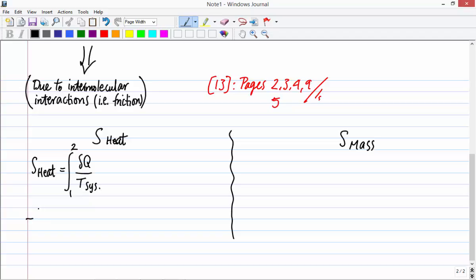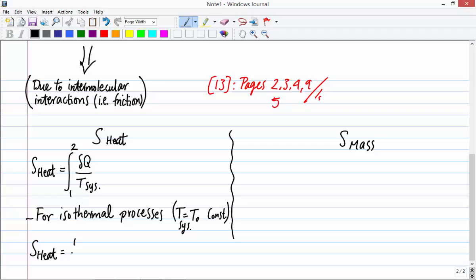So we have an exception that for isothermal processes, T system, let's say equals T0, which is constant all along the process, then S heat would be 1 over T0 times the integral of delta Q, which would be Q divided by T0.